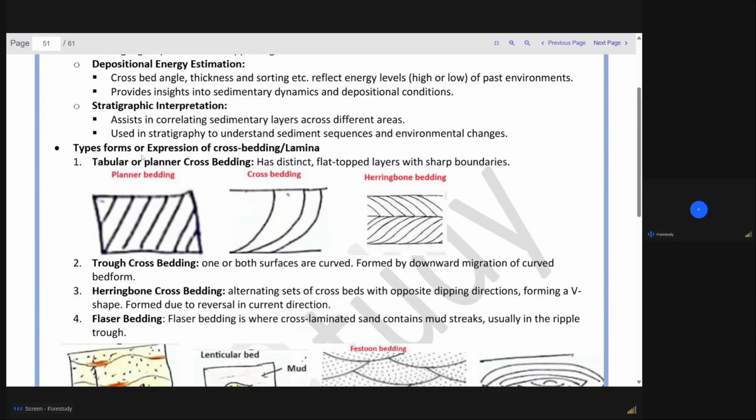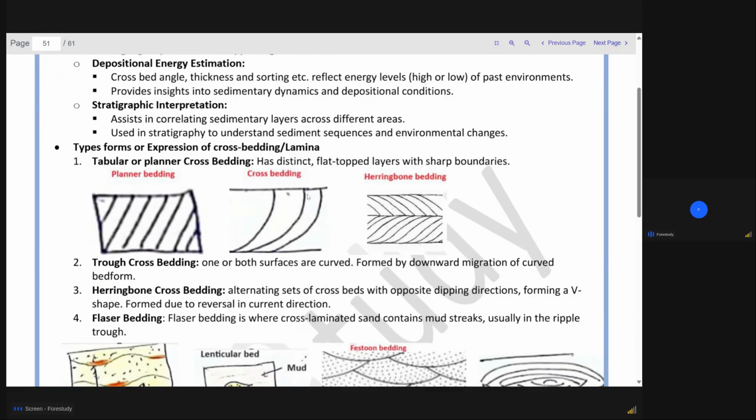Then types, form, or expression of cross lamina, cross bedding. Tabular or planar cross bedding has a distinct flat top layer with sharp boundaries. So if the bounding surfaces of the cross beddings are flat, then we call it a tabular cross bedding.